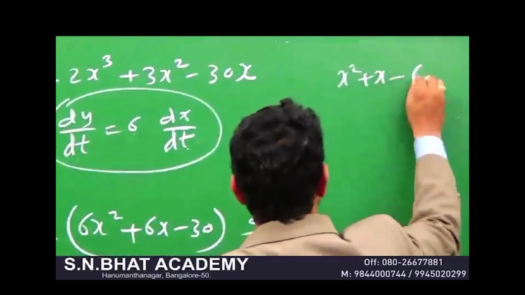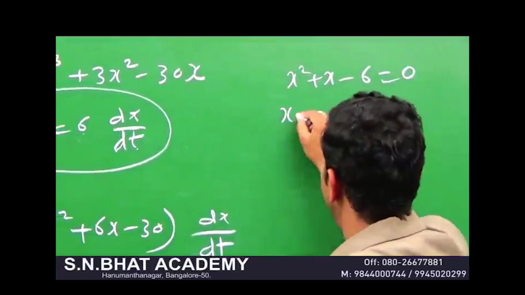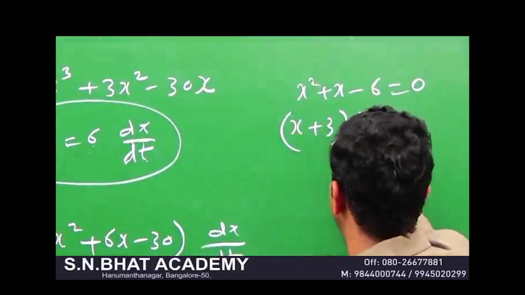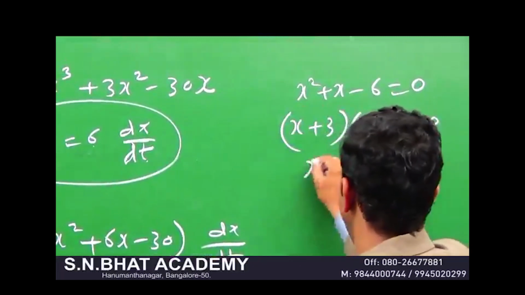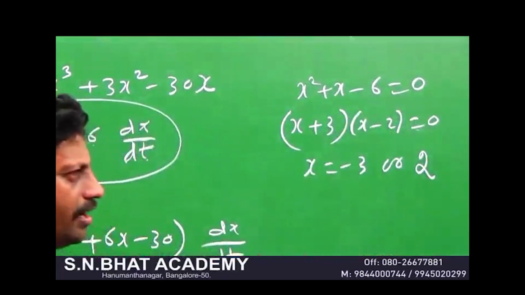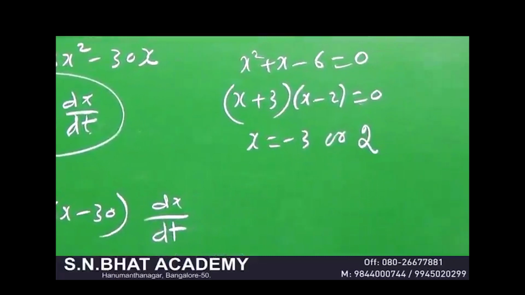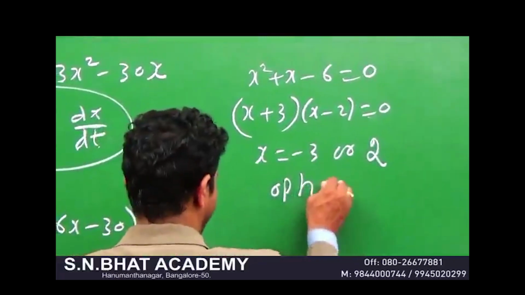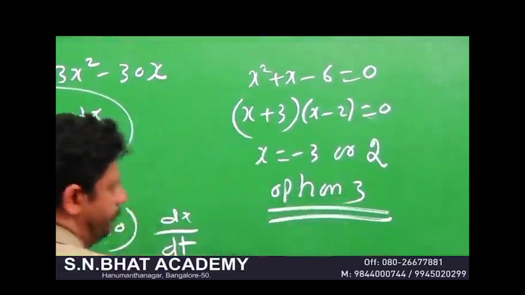Divide throughout by 6, you get x square plus x minus 6 equal to 0. This can be factorized as x plus 3 into x minus 2 equal to 0, or you get x equal to minus 3 or 2. So the required values of x are minus 3 or 2, which is option 3.